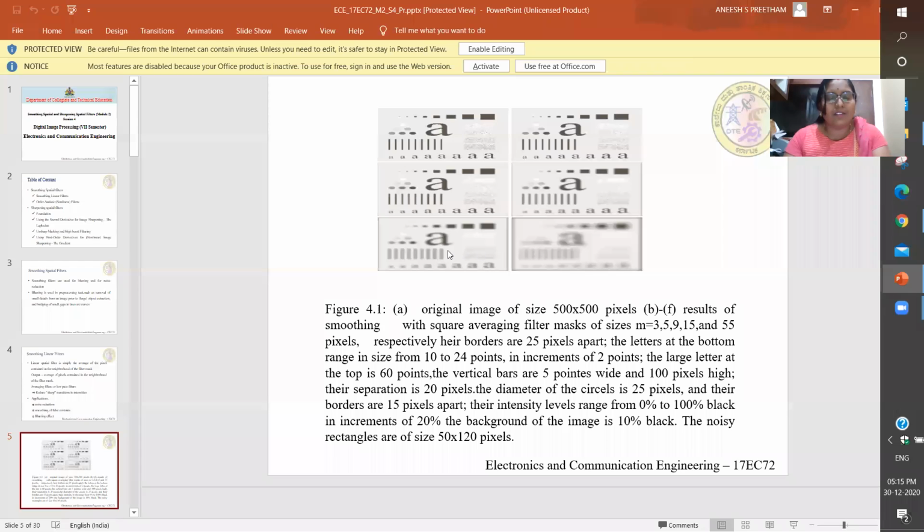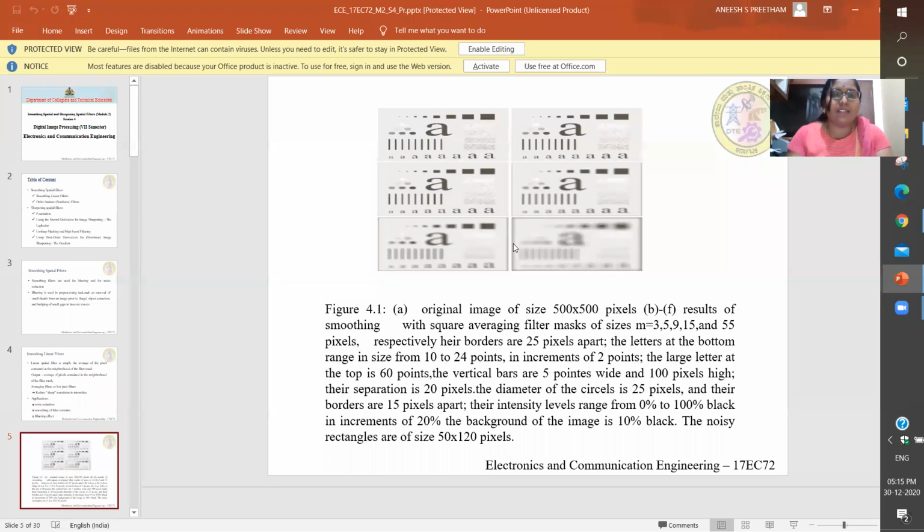The results for m equal to 15 and m equal to 35 are extreme with respect to the sizes of the objects in the image. This type of aggressive blurring generally is used to eliminate small objects from an image.